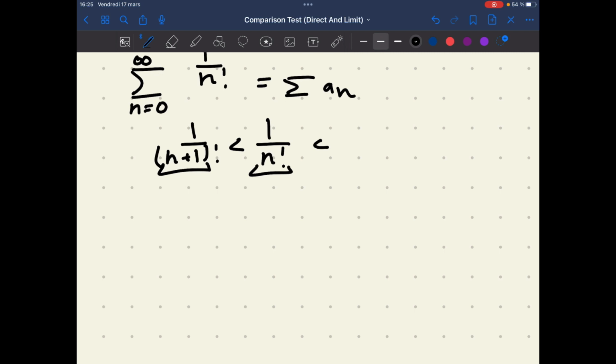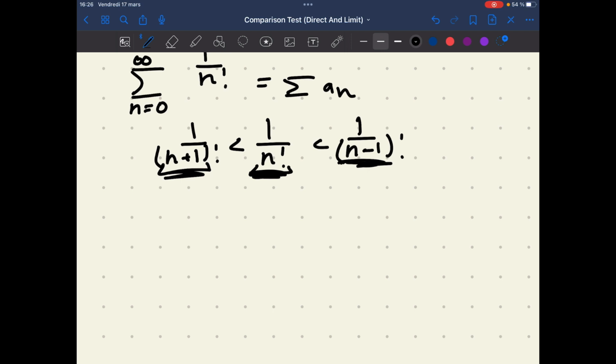Well, how could we get a denominator that's smaller than n factorial, so that the overall fraction is bigger than 1 over n factorial? We can just use 1 over n minus 1 factorial, because we know this denominator is smaller than this one, and this one is smaller than that one. So this overall fraction will be bigger.